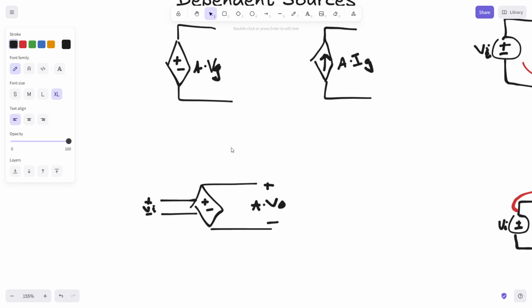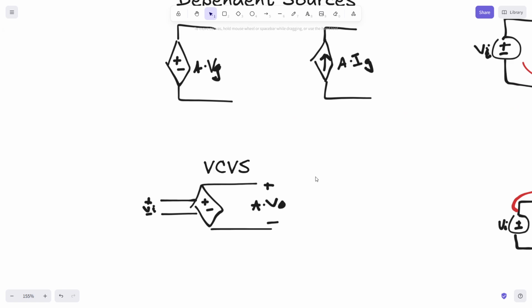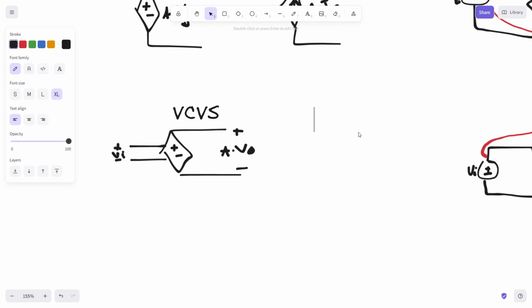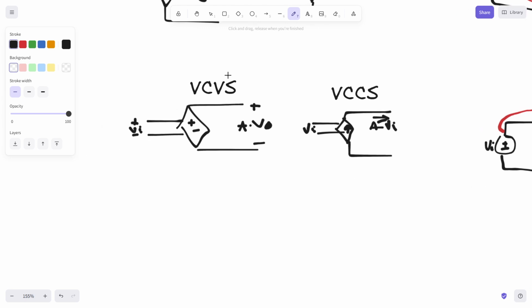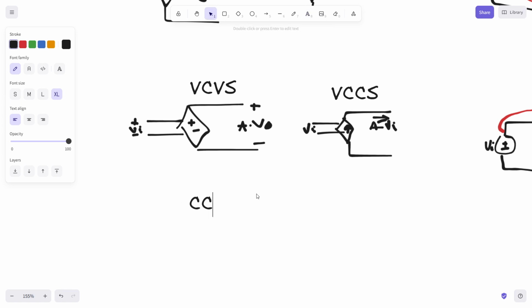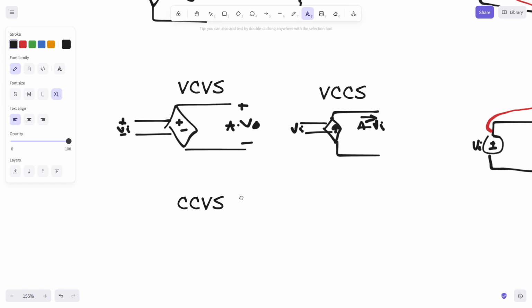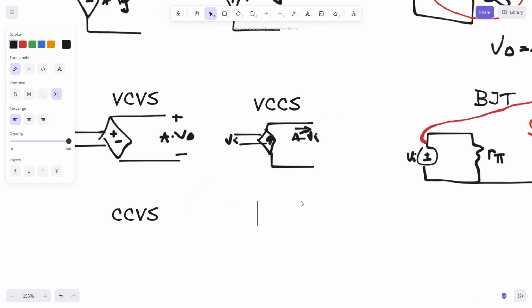This is called a VCVS for voltage controlled voltage source, and then you also have a voltage controlled current source. And so you have a diamond with an arrow, and then coming into it you have VI, and then we're actually measuring the current that comes out of this guy, A times VI. And then we also have a current controlled voltage source, a CCVS, and then we also have a current controlled current source.